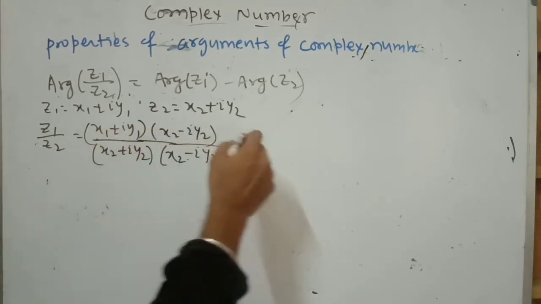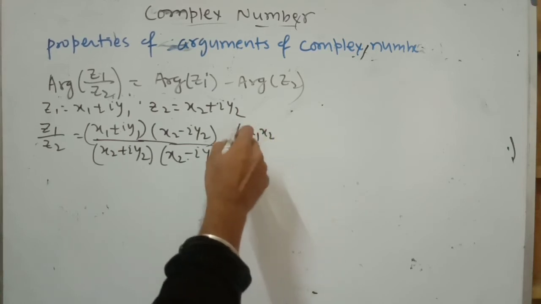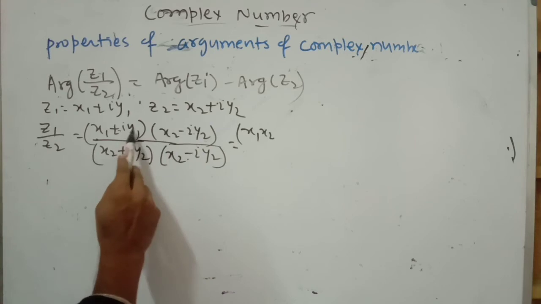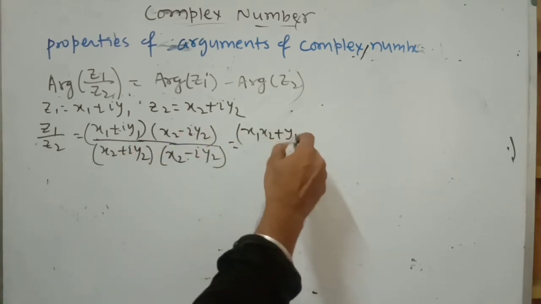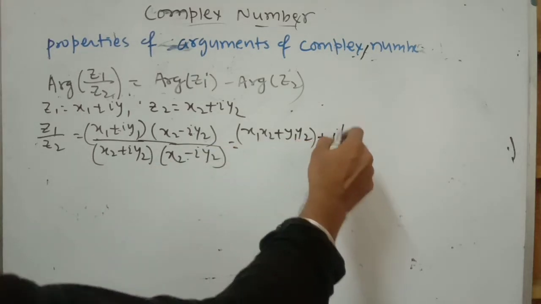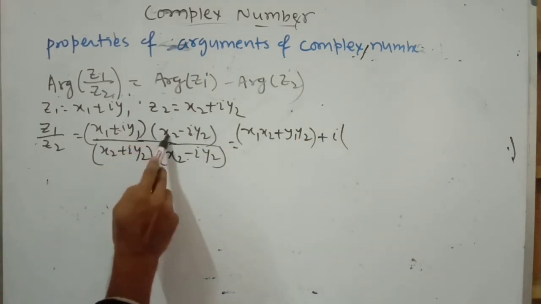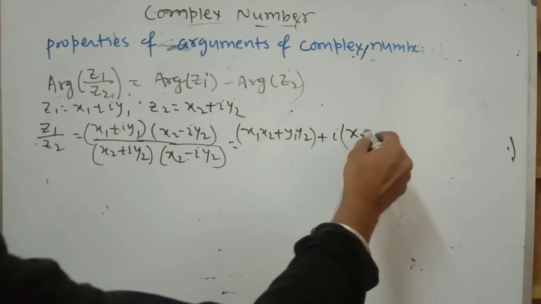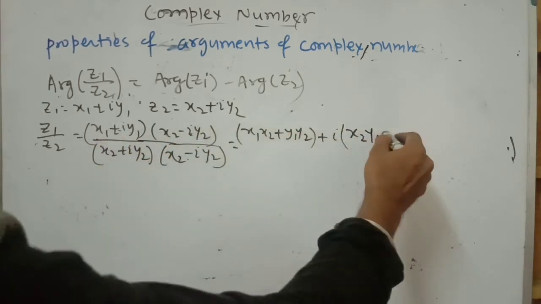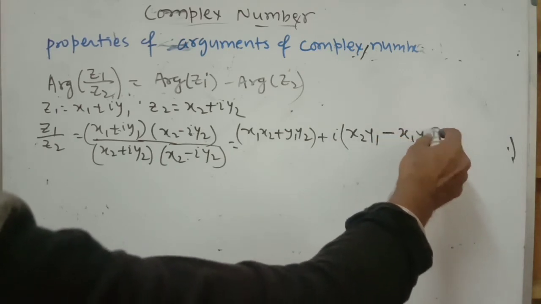So here it becomes x1 x2, I into I square is minus 1, minus minus plus, so plus y1 y2. And plus I x2 y1, and this multiplied with this one becomes minus I x1 y2.